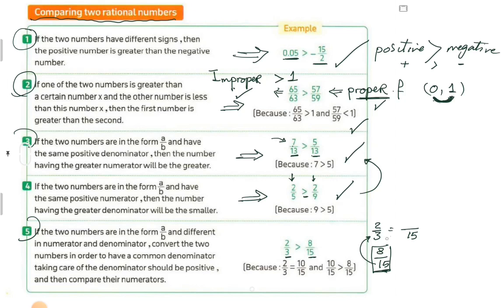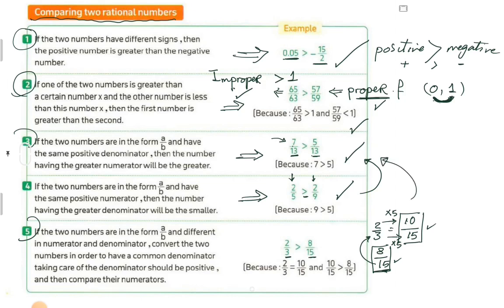How to convert 3 to 15? Just times 5. So I need to times 5 in the denominator: 3 times 5 equals 15, and 2 times 5 equals 10. Now I have two fractions with like denominator 15, so I convert it to this case.